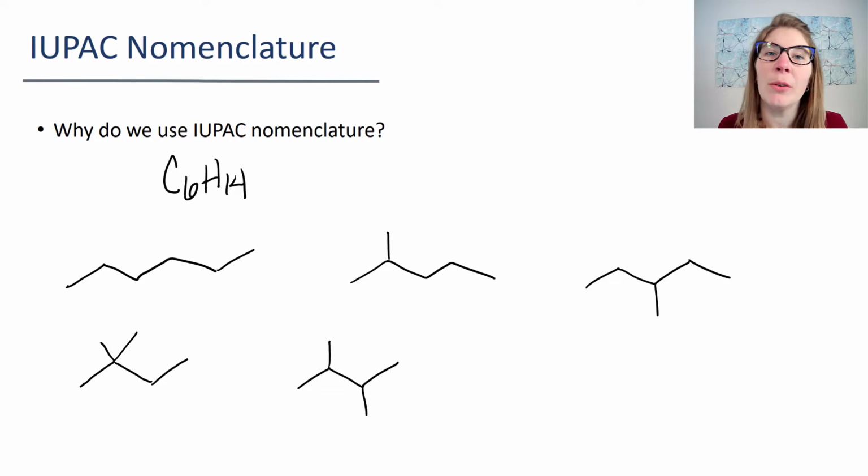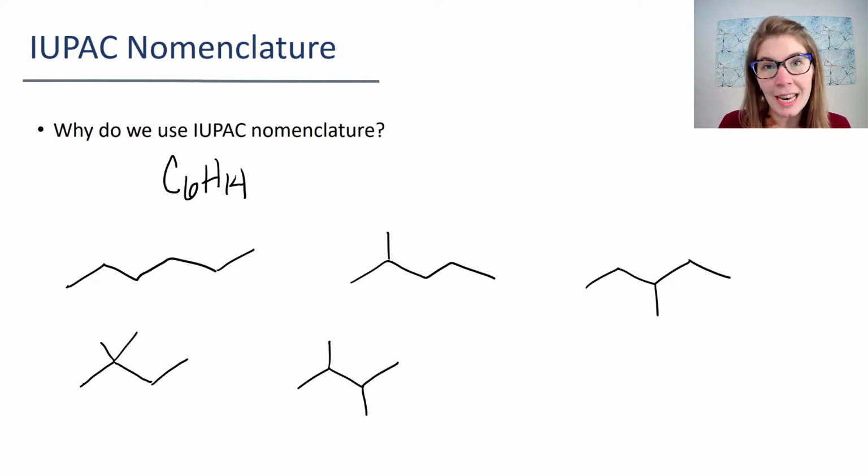And these different compounds, they're all special. They have their own physical properties, and they have their own chemical properties, and they need their own name. And our desire is to be able to have one name per compound that all the chemists can agree upon.